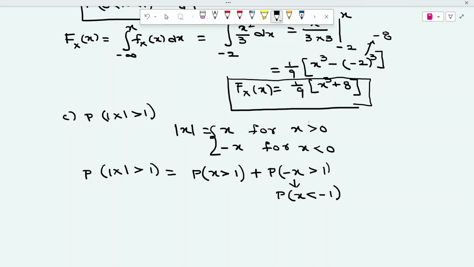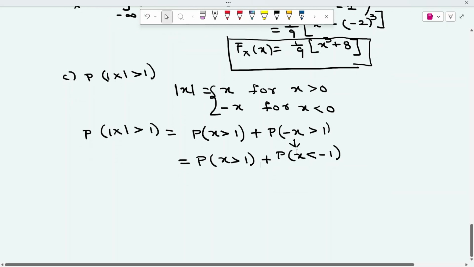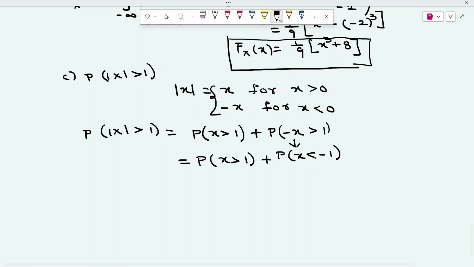So probability of mod x greater than 1 will be probability of x greater than 1 plus probability of x less than minus 1. So now we have to evaluate two values, probability of x greater than 1 and probability of x less than minus 1.